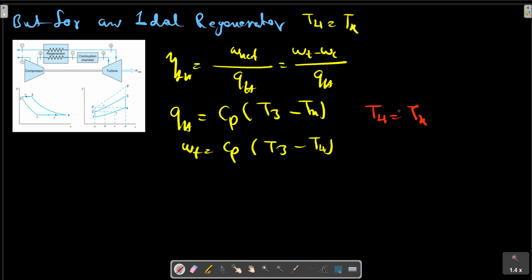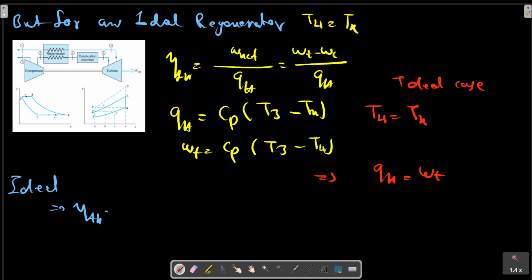T4 equals Tx for the ideal one. In this case, QH equals WT. So for ideal, W compressor and WT.